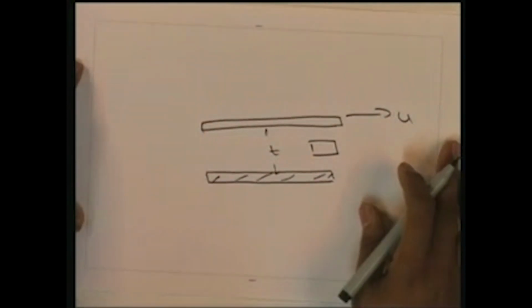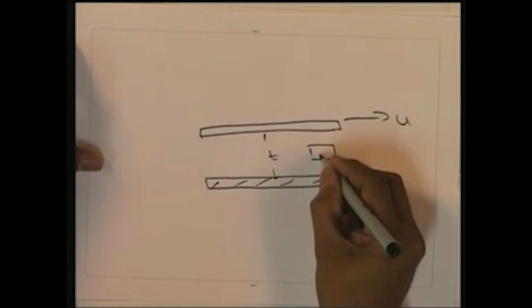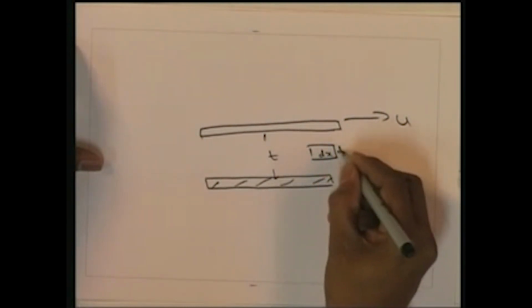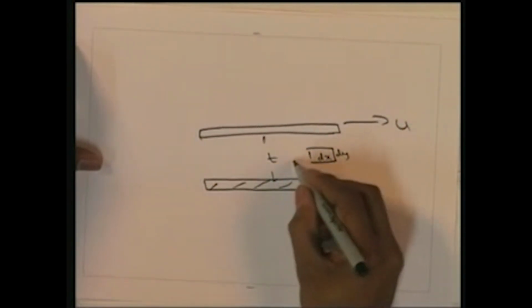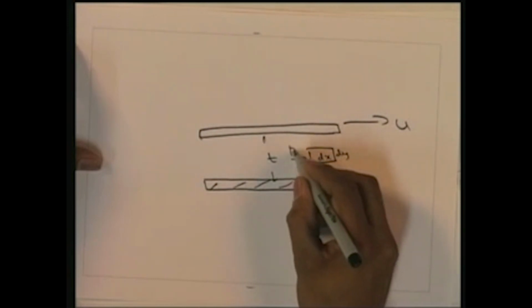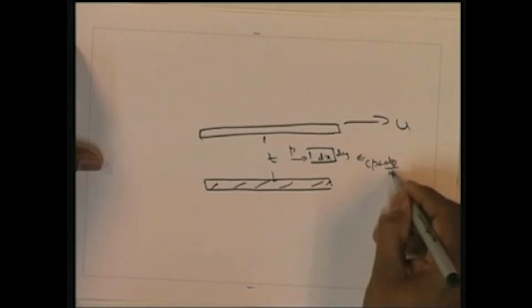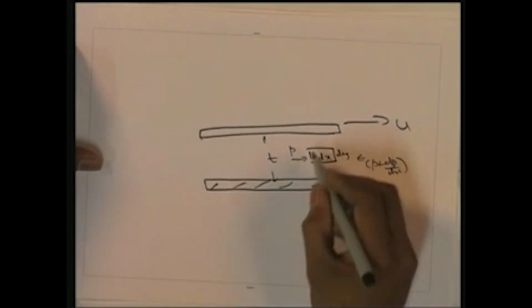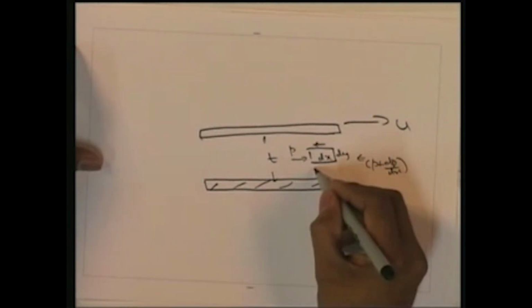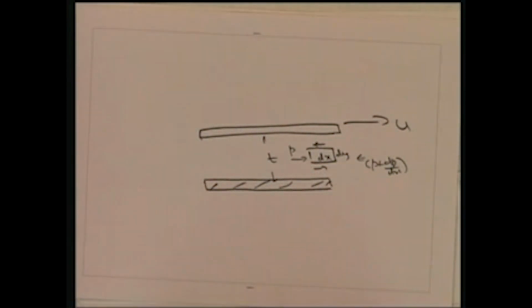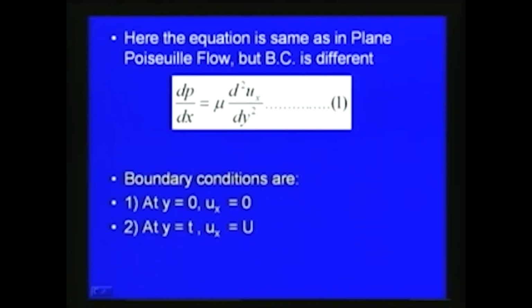We will consider a fluid element of size dx by dy, with the pressure force p here and on the other side p plus dp by dx, and then the shear force on both sides.